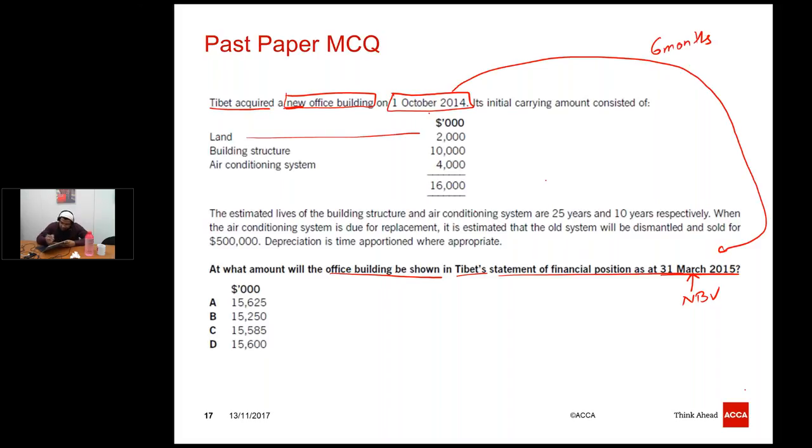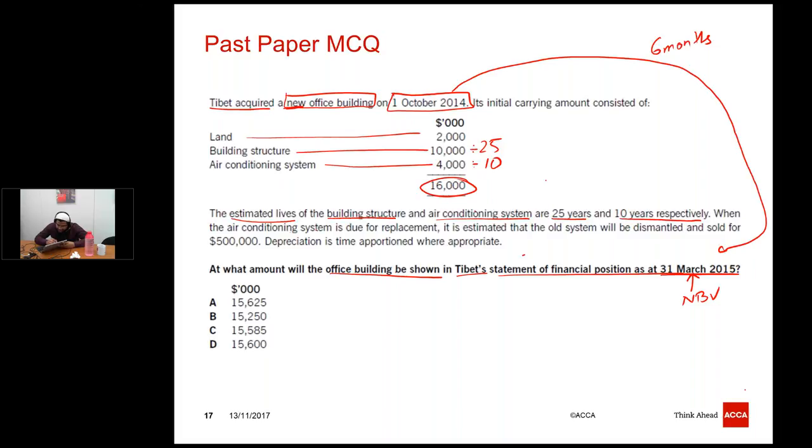Now the land had a cost of 2,000. Land normally is not depreciated. The building structure is 10,000 and the air conditioning system is 4,000. So the total is 16,000. The estimated lives of the building structure and the air conditioning system are 25 years and 10 years respectively.